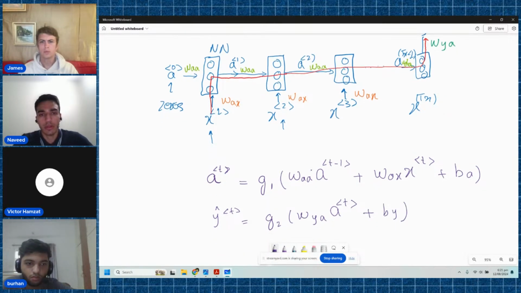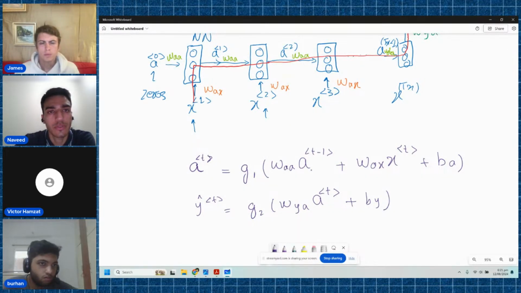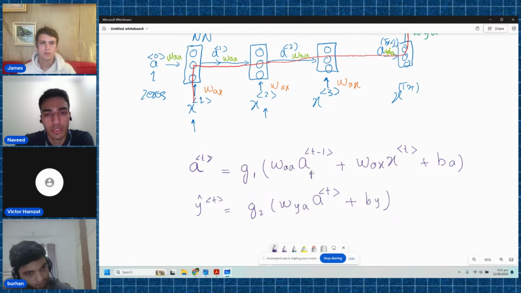So let's see what's happening here. In order to produce this feedback connection, which we are feeding with the next input, it takes into account the previous connection that is coming. This is represented with AT minus 1. We take the previous connection multiplied by this set of weights, WAA, and then we take the current input, which is represented by X. So XT represents the current input.